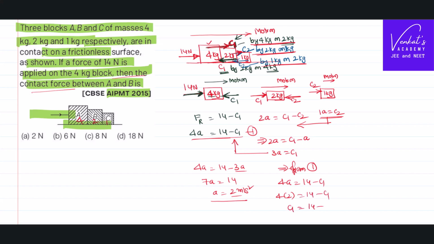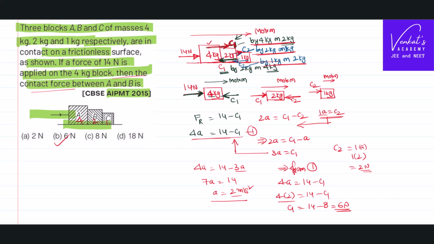So C1 equals 14 minus 2 into 4, which is 8. That's equal to 6 Newton. So the contact force between A and B is 6 Newton. Of course, we can find all the other contact forces too. We can find C2 as 1A, and A we have proved as 2. So C2 equals 2 Newton.